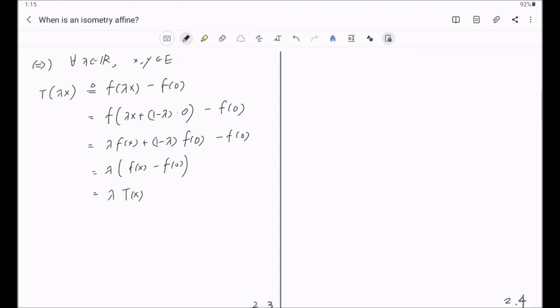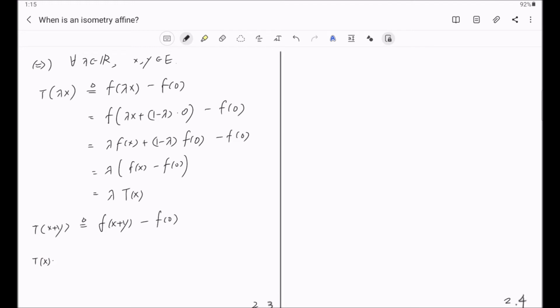The hard part is to show that T preserves the addition. T of x plus y by definition is equal to f of x plus y minus f of 0.